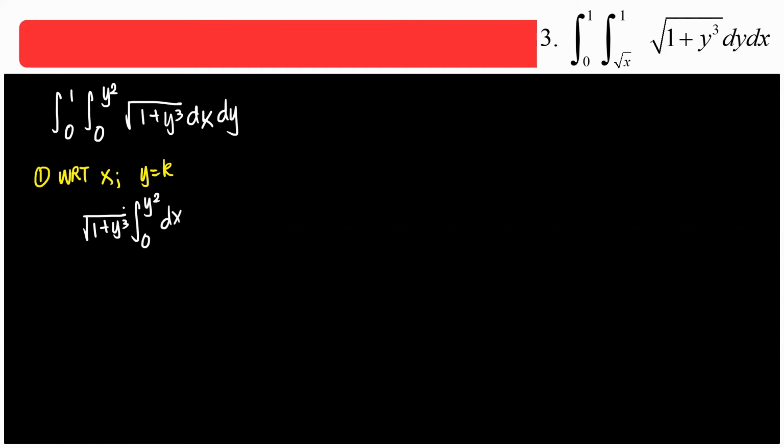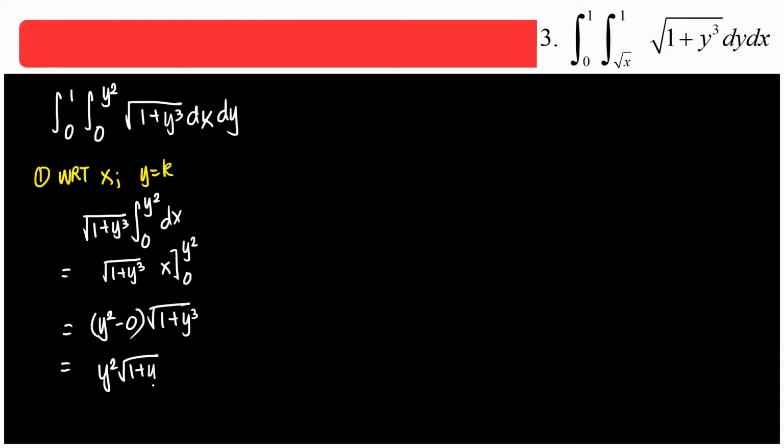The whole thing is constant. 1 plus y cubed x from 0 to y squared. Therefore, this one will then be y squared minus 0, 1 plus y cubed, or basically y squared 1 plus y cubed.